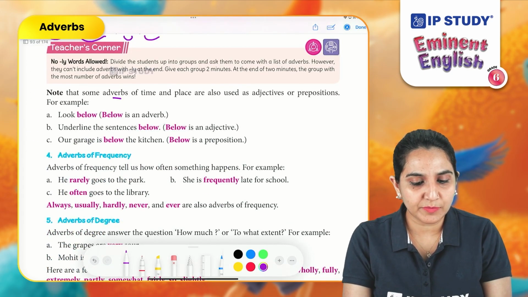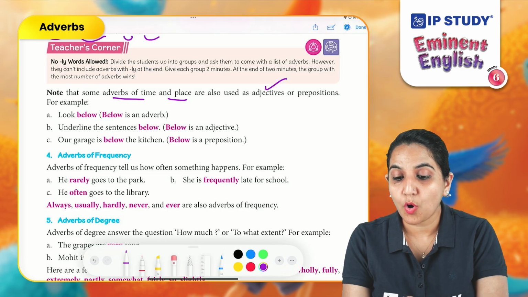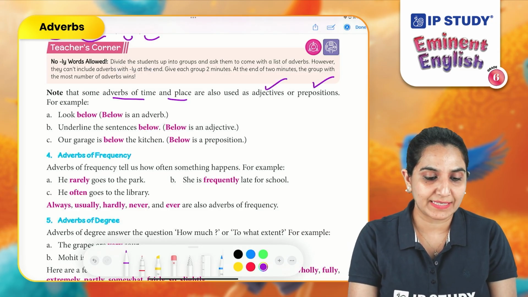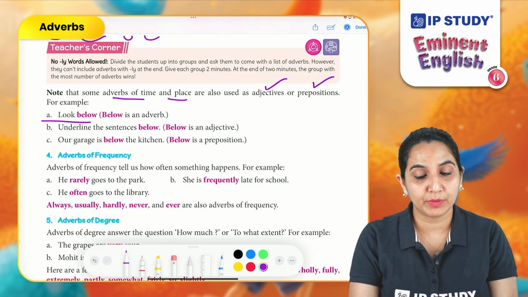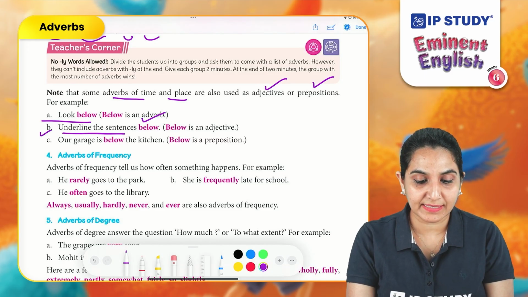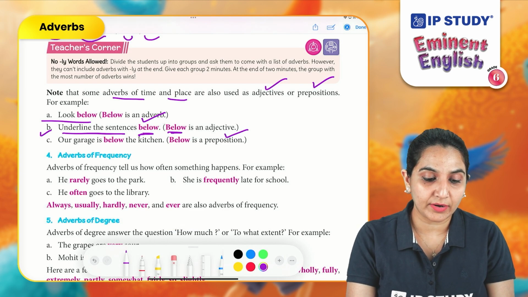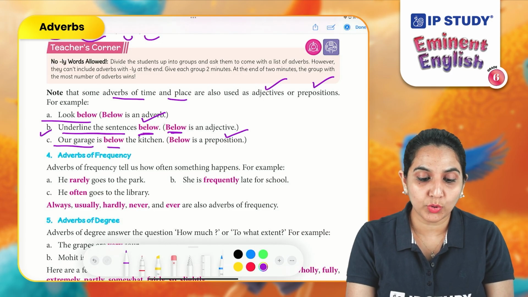Some adverbs of time and place are also used as adjectives or prepositions. For example, look below. Below is an adverb. Underline the sentences below. Now, in this sentence, below is an adjective. Our garage is below the kitchen.